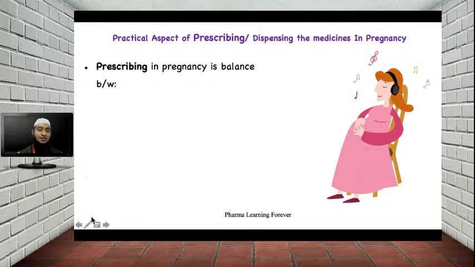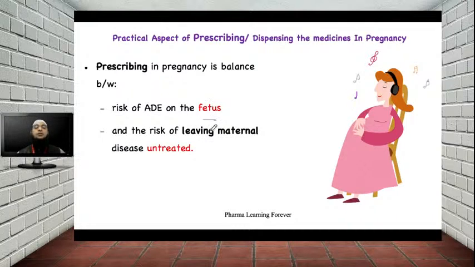Prescribing in pregnancy must be balanced between the risk of adverse effect on the fetus and the risk of leaving maternal disease untreated. What it means is that only due to the effect produced on the fetus, you cannot ignore the mother who is suffering from the disease, isn't it? Because the overall health of the fetus also depends on the health of the mother.